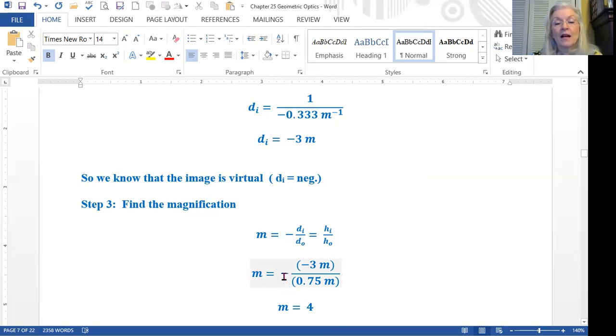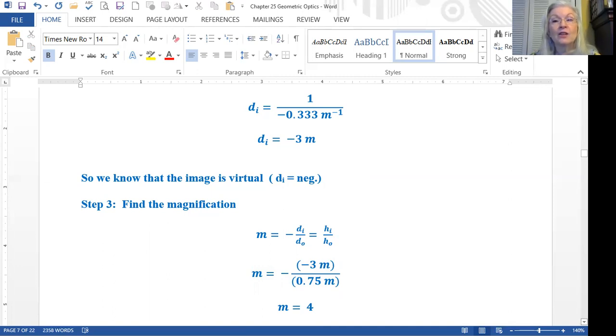You'll notice 2 negatives on the same side multiplied by each other gives us a plus, and 3 divided by 0.75 is 4. Notice the units cancel. Magnification does not have units, so it's not measured in meters. When you do the math, you need to make sure that your numerator and your denominator have the same units, but magnification is unitless.